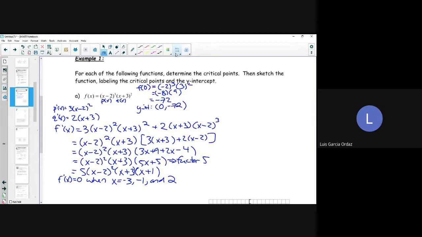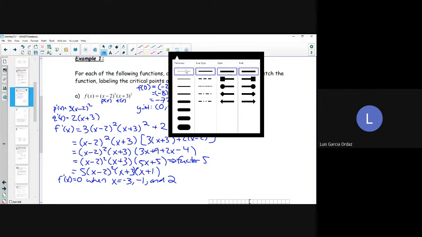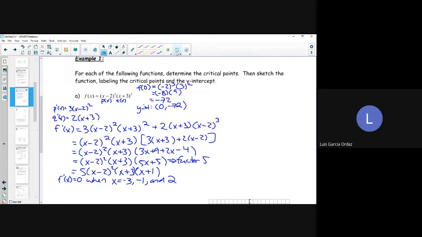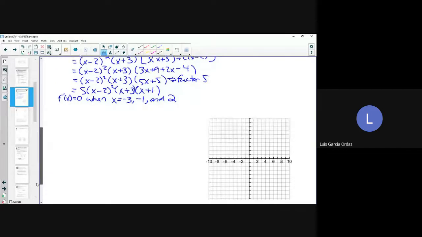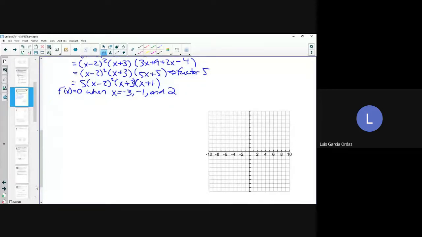So now I can draw my sign chart to determine where my graph is going to be increasing and decreasing. Let's have my sign chart. I have negative infinity, -3, -1, 2, and infinity.